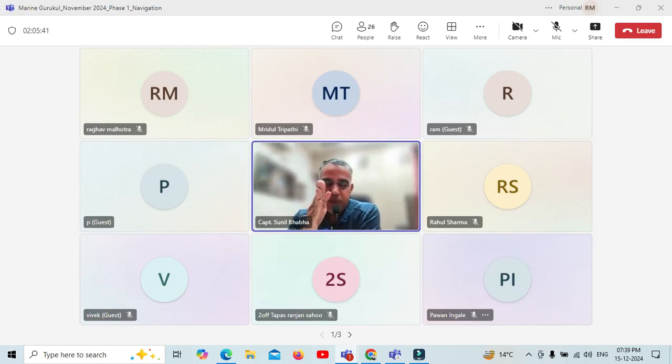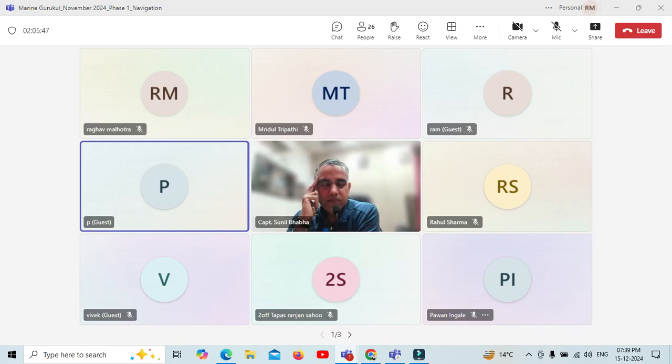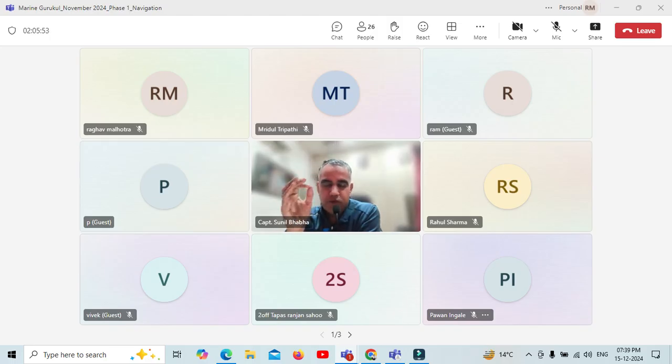On the page before this, tell me what is the meridian passage time of the sun, page before that. 12 hour 02 minutes. Very good. So 12 hours 02 minutes is the meridian passage time before this line.